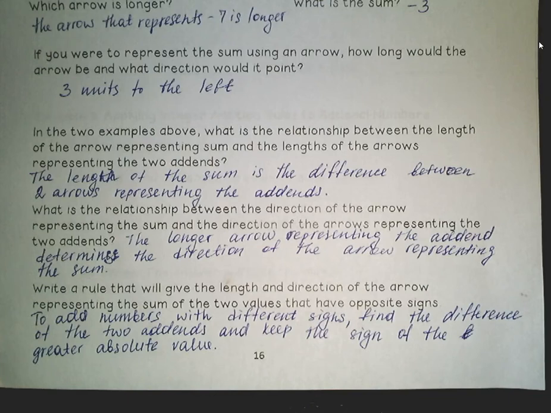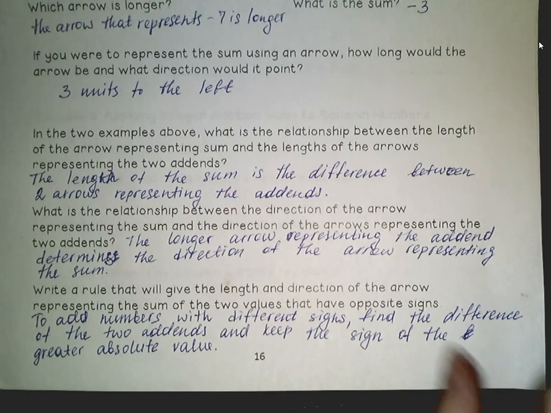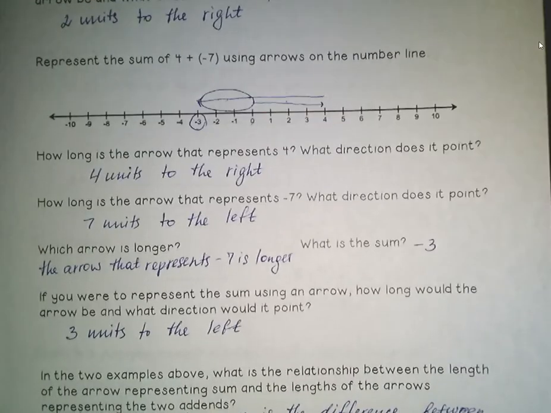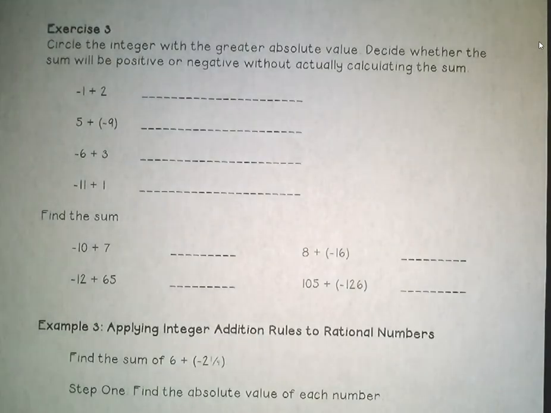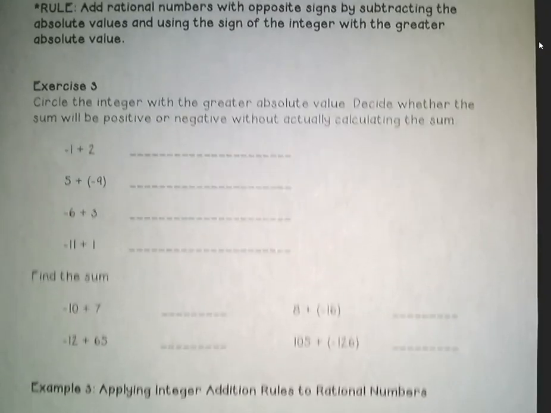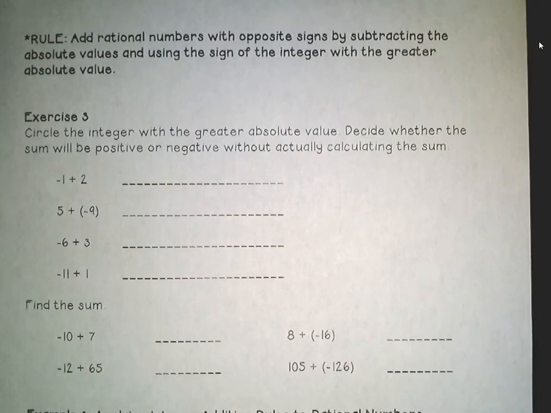Does that make sense? If I'm adding two numbers with different signs, I will find their difference, and difference means subtraction, right? And keep the sign of the bigger arrow. So instead of adding, I'm actually going to be subtracting to find their difference. Okay, so here's the rule. If that didn't make sense to you, here's the rule.